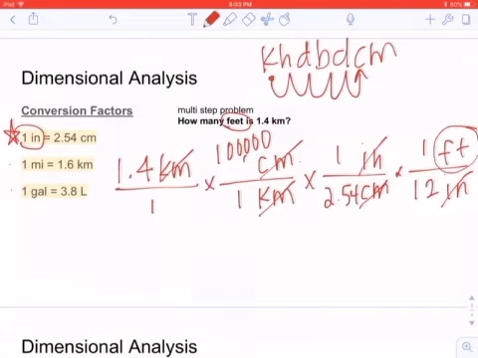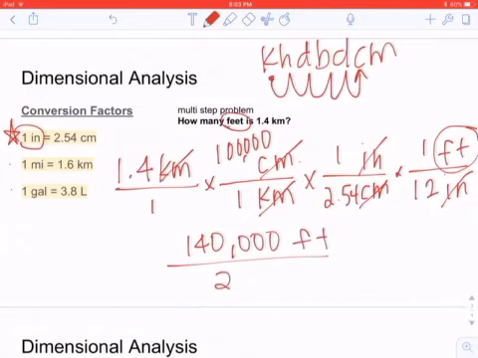Then I'm going to multiply everything in my numerator. So in my calculator, I'm going to plug in 1.4 times 100,000, which is 140,000, and that will give me 140,000 feet divided by 2.54 times 12. That's going to give me 30.54.